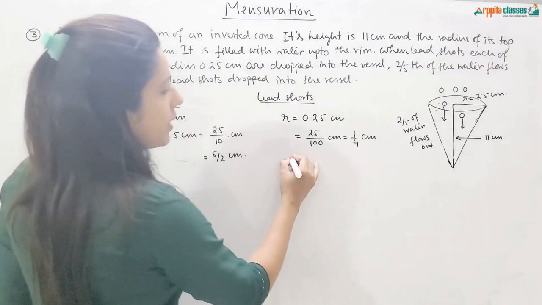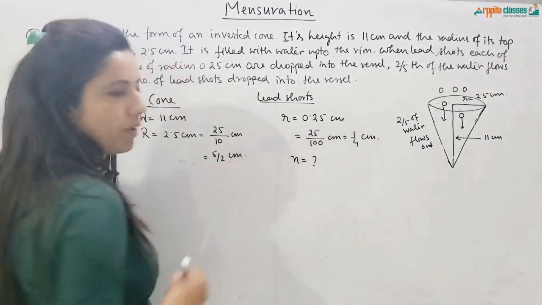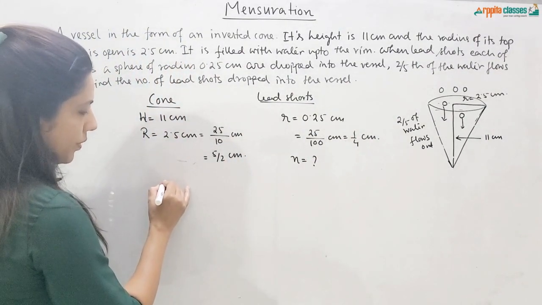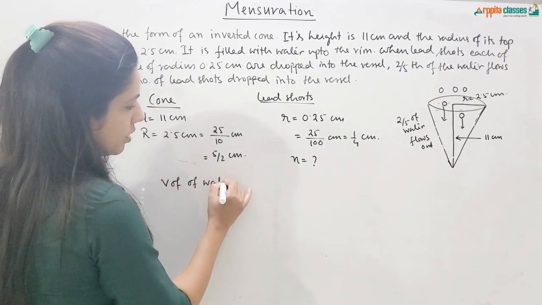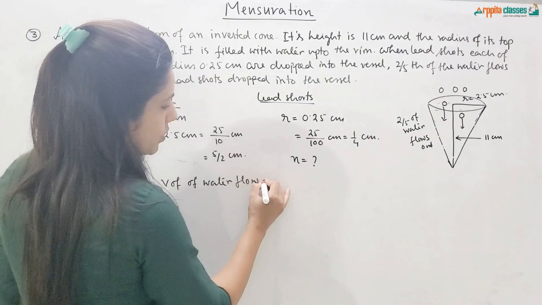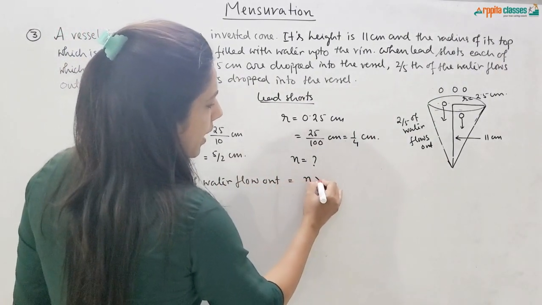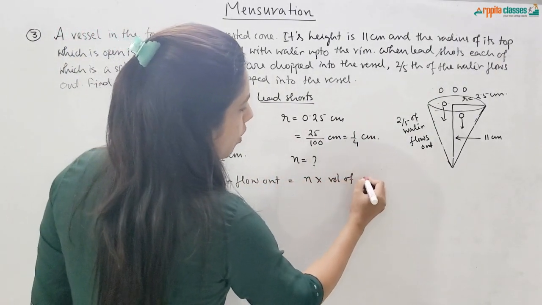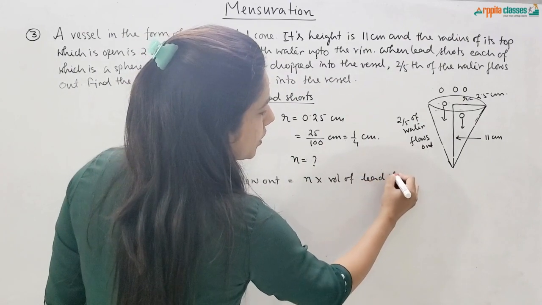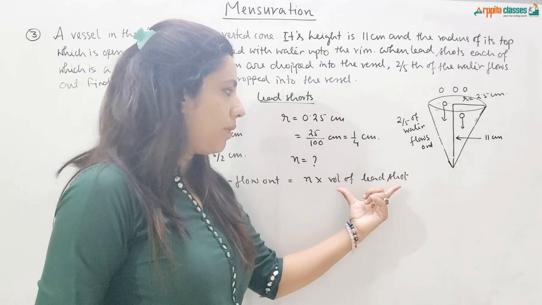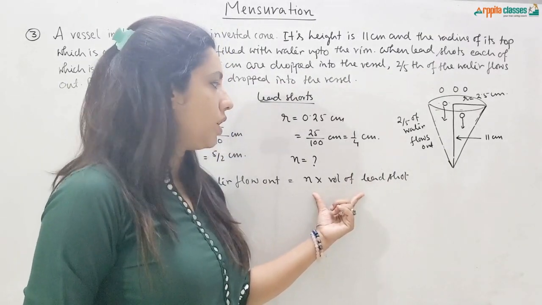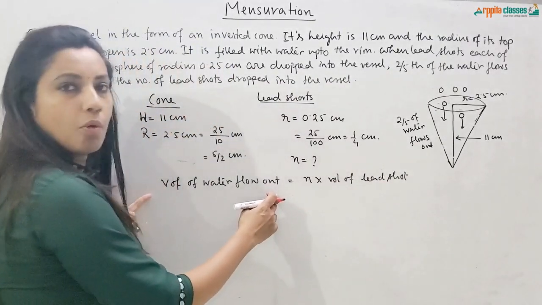Let the number of lead shots be n. We have to find out n. So here volume of water flowing out is equal to n into volume of one lead shot. Okay? So the total volume of n number of lead shots will be equal to the volume of water which flows out.